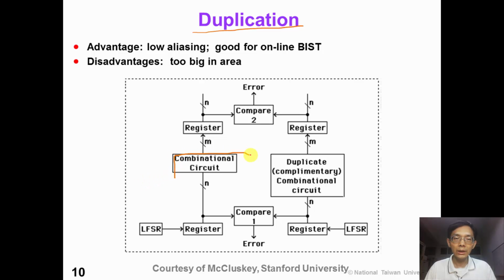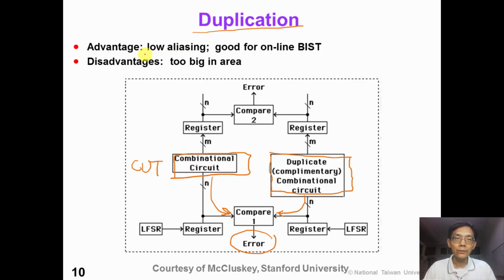Suppose this circuit here is our CUT, circuit under test. To test this circuit, we simply duplicate this CUT and compare the outputs of those two CUTs. If they are the same, the circuit passes the test. If they are not the same, then we generate an error signal, which means the CUT fails the test.